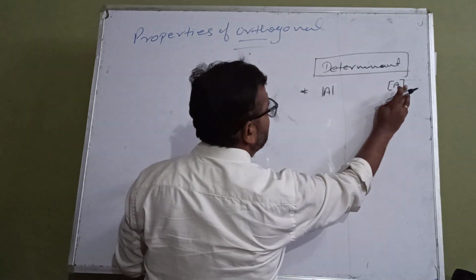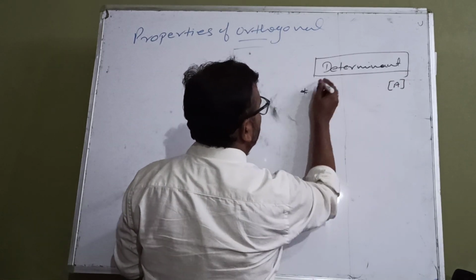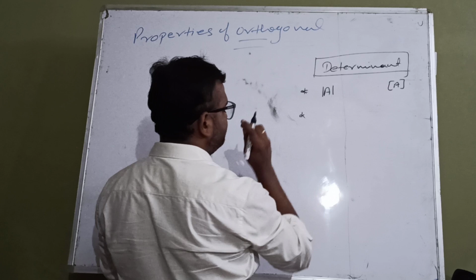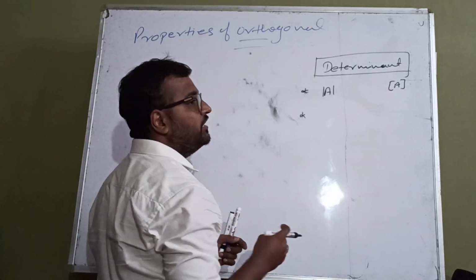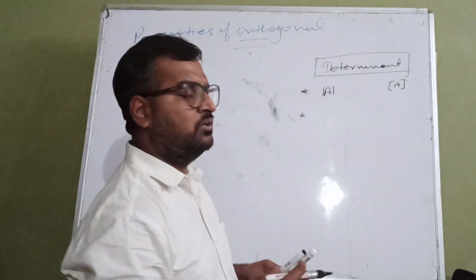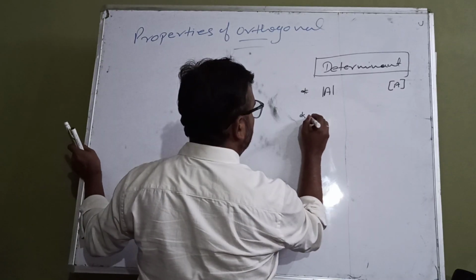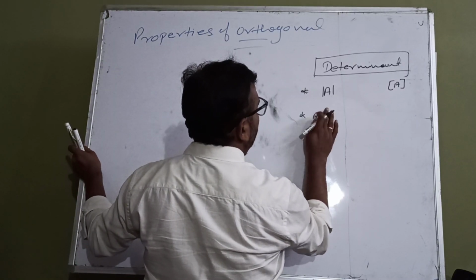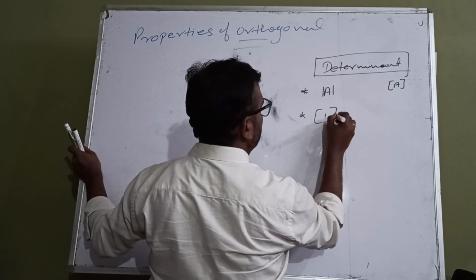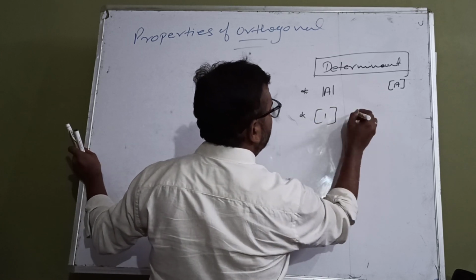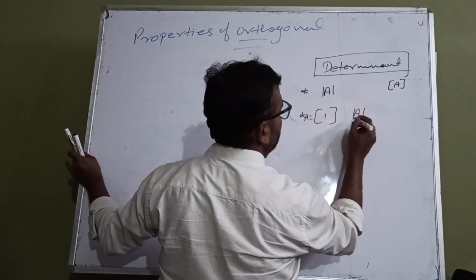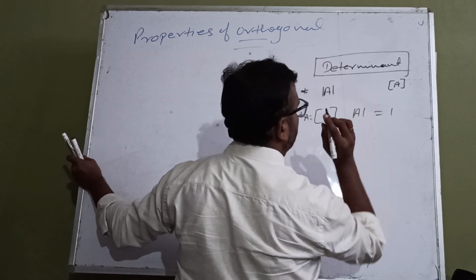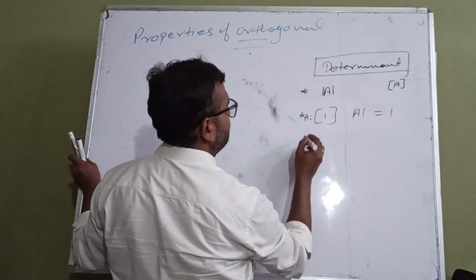Second point, how to find the determinant of a square matrix. Suppose A is a square matrix of order 1 by 1. The determinant of this matrix will be the same number, whatever the number is.